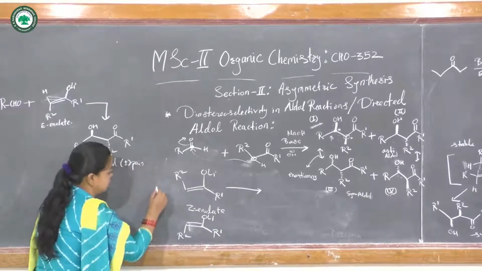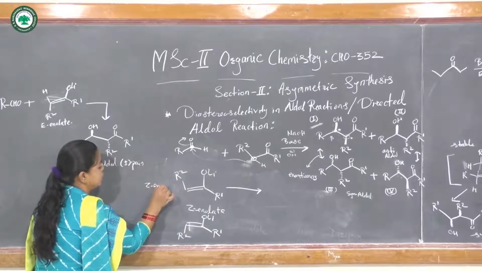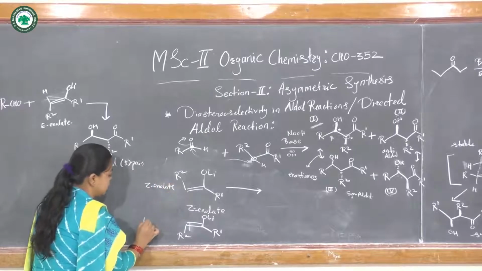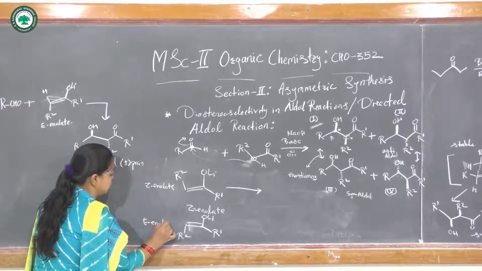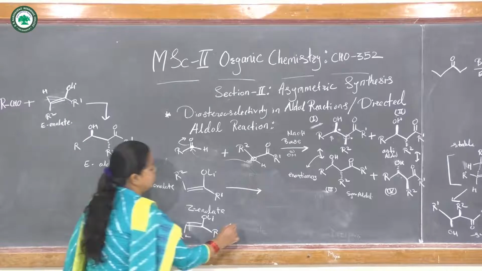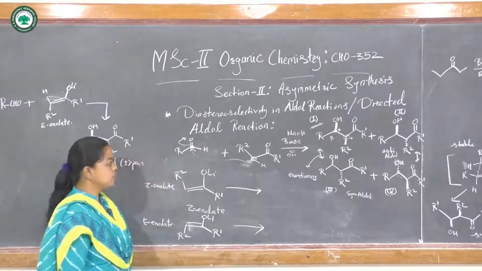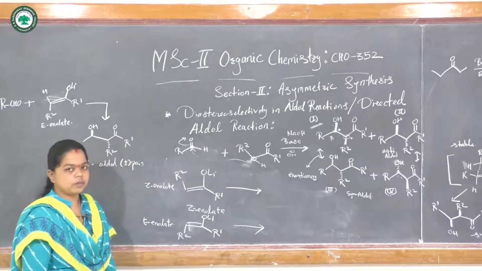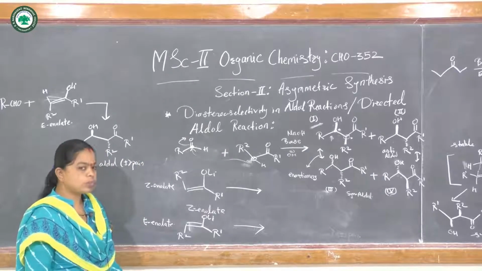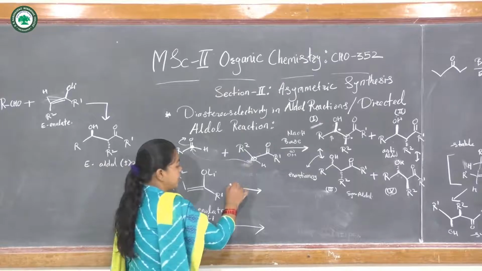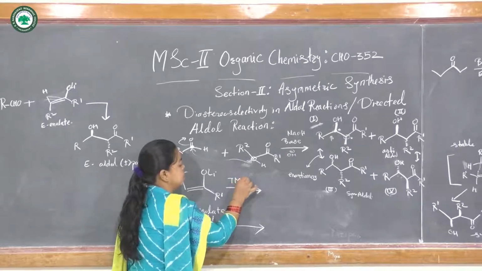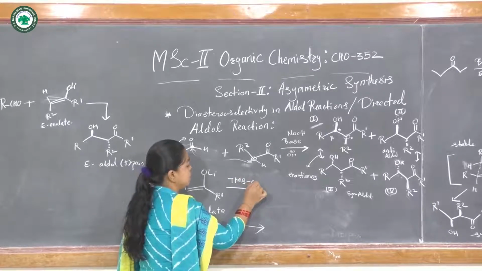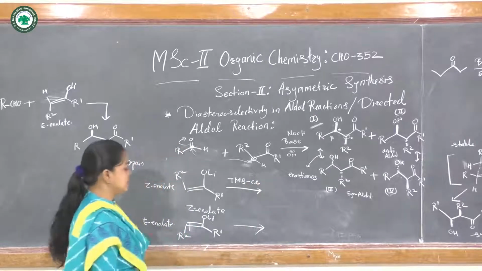We can see here, this is the Z-enolate and this is the E-enolate. Now both enolates are produced when we treat this aldehyde with the ketone in the presence of the strong base. So in the medium both enolates are now present, and we can trap them by using trimethylsilyl chloride. It is also called TMS chloride.